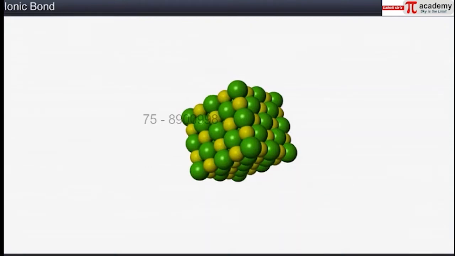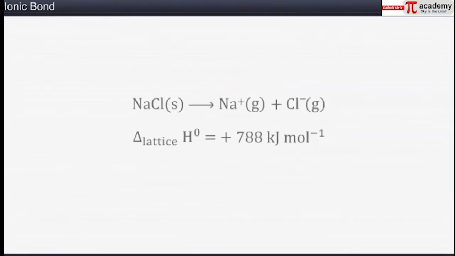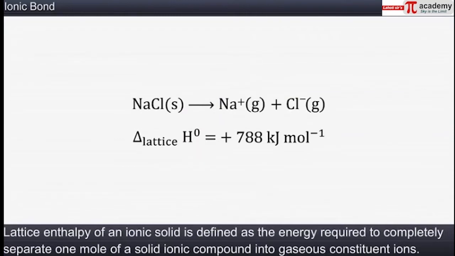Thus, lattice enthalpy plays a vital role in the formation of ionic compounds. Lattice enthalpy of an ionic solid is defined as the energy required to completely separate 1 mole of a solid ionic compound into gaseous constituent ions.